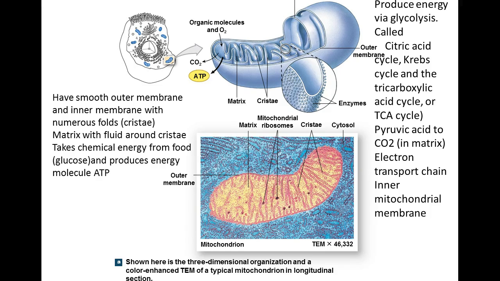The second to last membranous organelle is the mitochondria. The mitochondria has a double membrane, an outer and inner membrane. We tend to associate the mitochondria with the powerhouse. This is where we get most of our energy currency, that compound known as ATP.